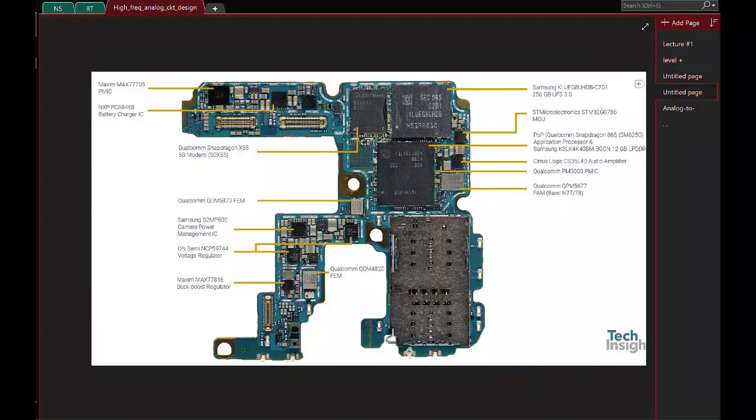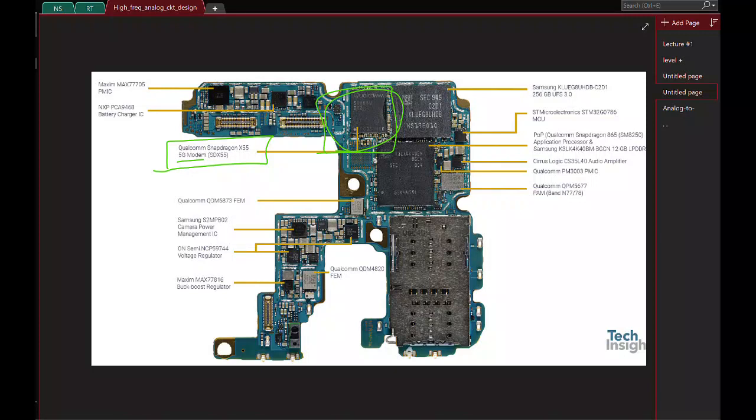Now if you flip the phone and take it apart, which I don't recommend you to do, you'll find a lot of ICs. And this portion here, I don't know if it's legible, is basically the 5G modem. That's basically the core of your mobile, right? Because that's what lets you make calls, browse the internet through mobile data and so on. You'll have a lot of other stuff, but this is basically the core.